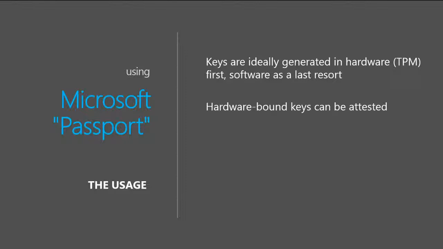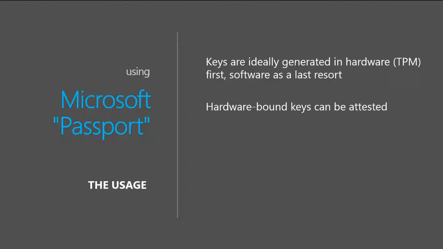So in Windows 10 with Microsoft Passport, we're coming with technology that allows us to attest those cryptographic keys and ensure that it's cryptographically proven that those keys are actually generated on the TPM. There is no doubt anymore. If the client says that it's generated on the TPM, it's a TPM key. We take this attestation statement and pass it to the server.